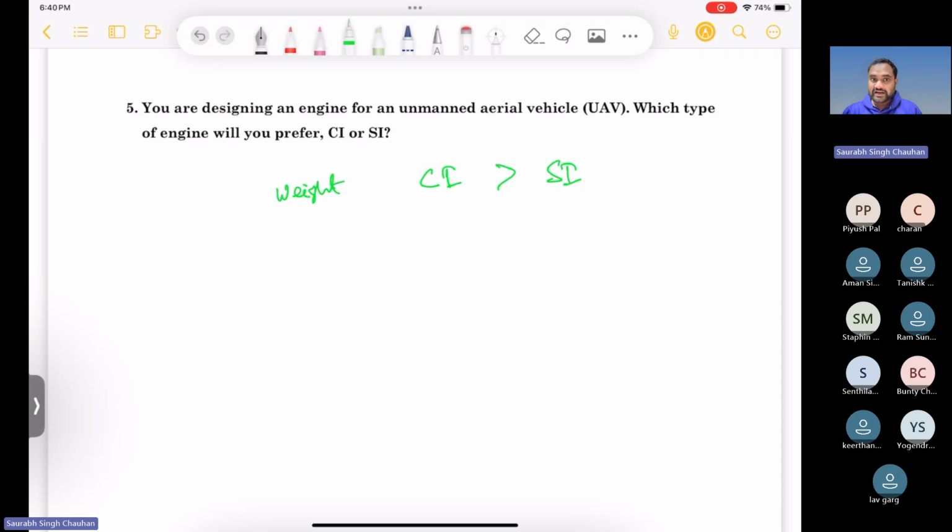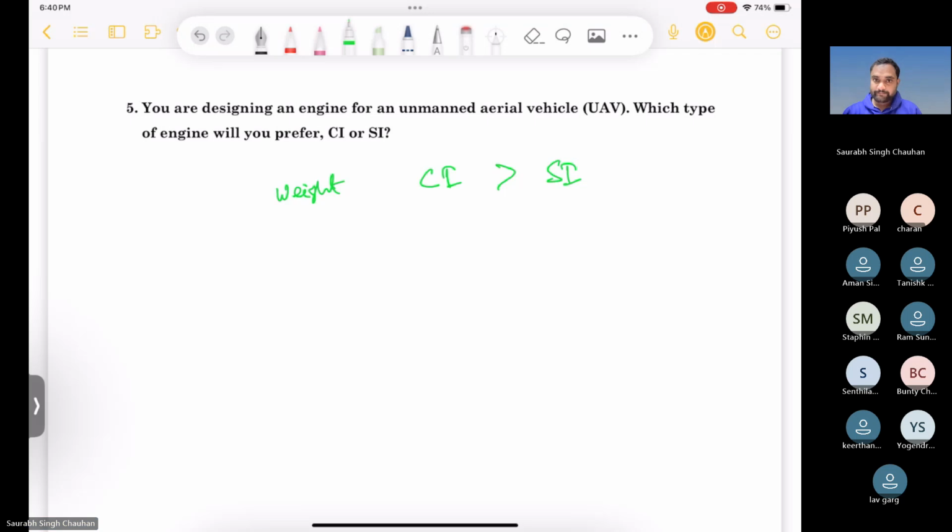And to withstand that pressure, you need to make your cylinder sufficiently strong. Otherwise it will blast, it will be destroyed. So to make the cylinder strong, you need to put more metal. Since there is more metal, these are heavier.